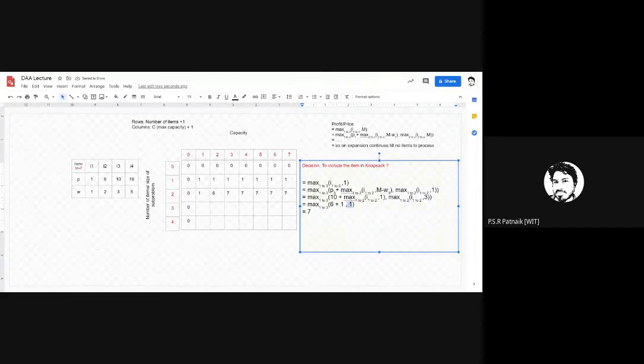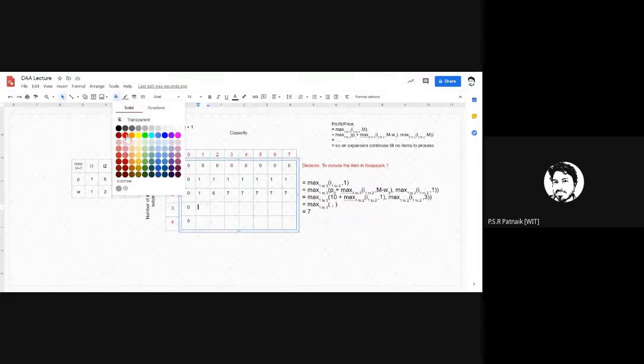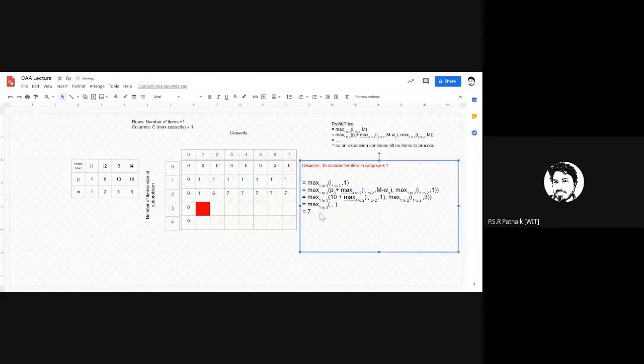Okay, so for time being, let me remove these values. So I'll get two values. Okay, so what is P3? 10. And let me tell you, I am solving for this cell. Okay, so 10 plus max of 1, 2, 3. So what is M? Here, M is 1.